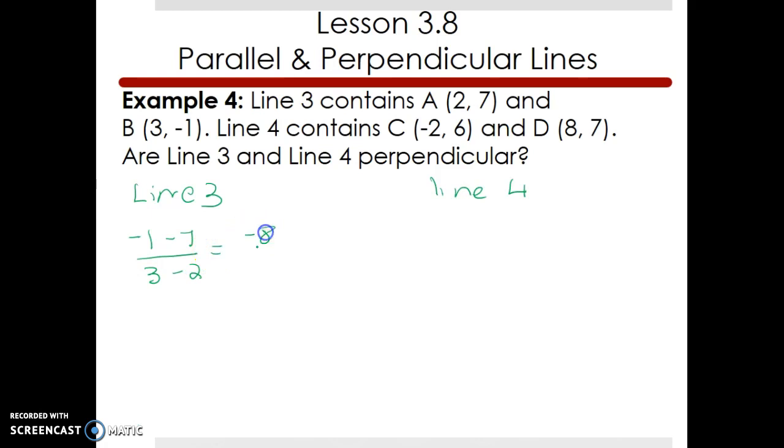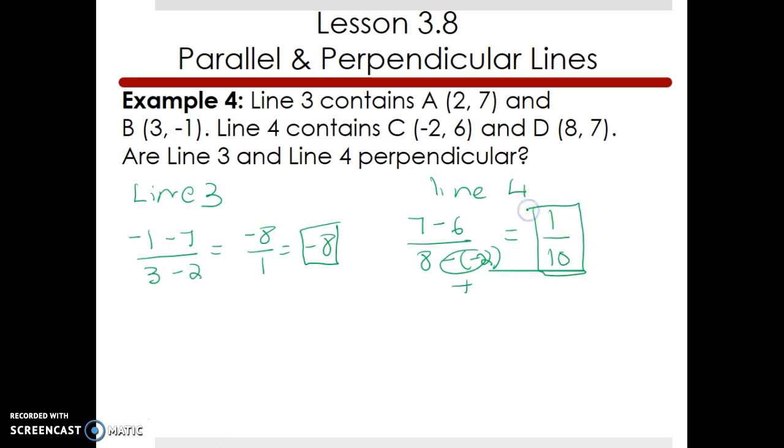So I get negative 8 over 1, which is negative 8. And for line 4, I'm going to do 7 minus 6 over 8 minus negative 2. So 7 minus 6 is 1, and 8 minus negative 2 makes it 8 plus 2, which is 10.